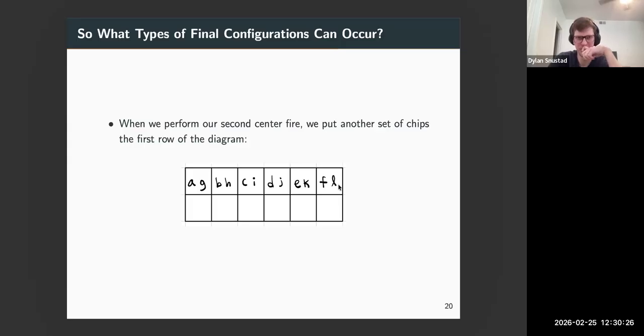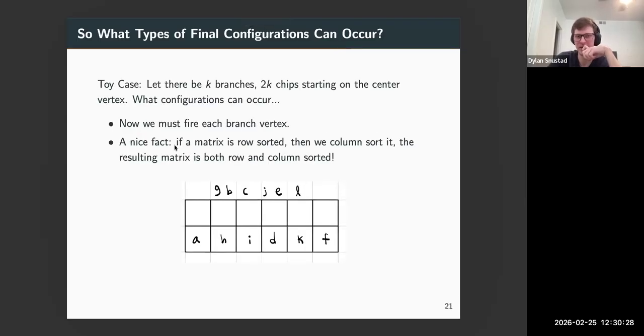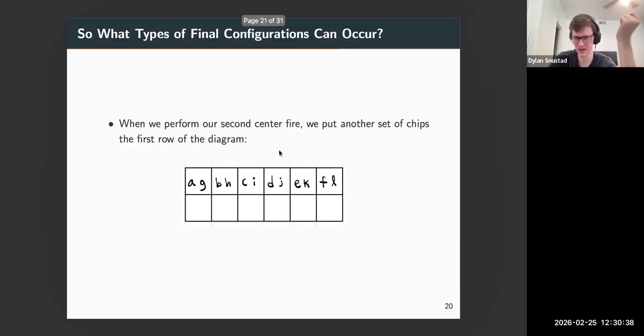And now there's this very nice fact that you can use, which is that if a matrix is row sorted and we column sort it, the resulting matrix is both row and column sorted. So this is a fun induction, bubble sort proof type vibe. The idea here is I have this filling where I've stuck two objects in each of these fillings.